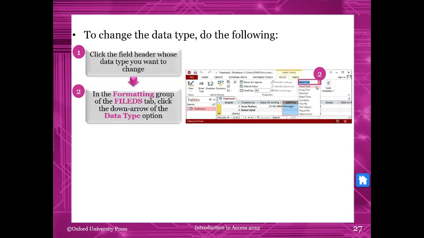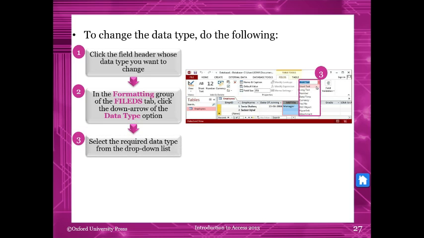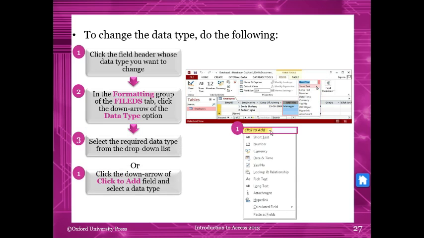In the Formatting group of the Fields tab, click the down arrow of the Data Type option. Select the required data type from the drop down list or click the down arrow of Click to Add field and select the data type. Add data to this field.